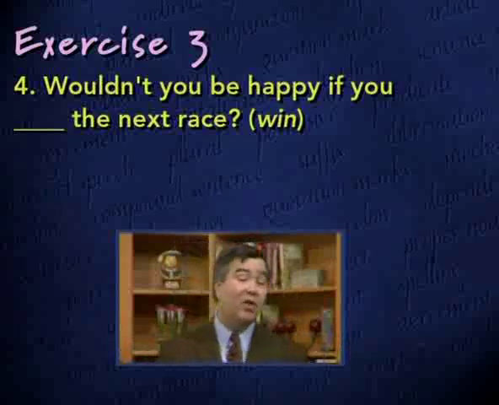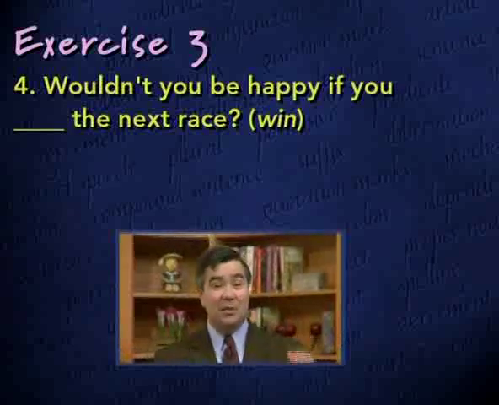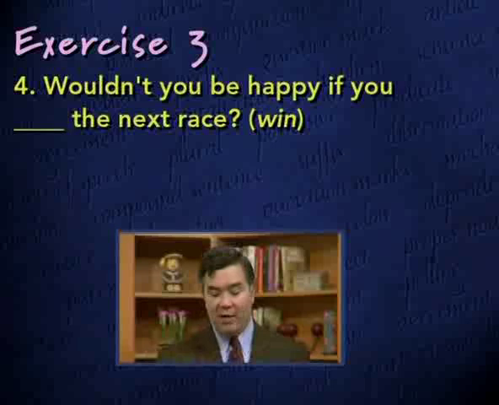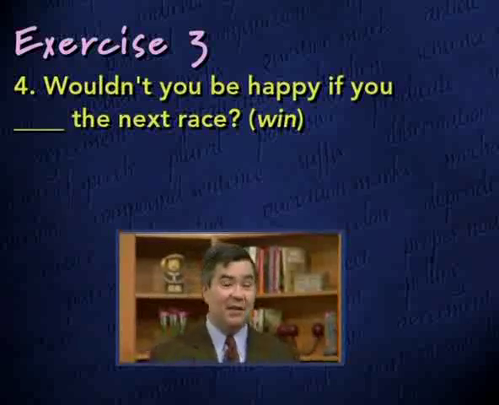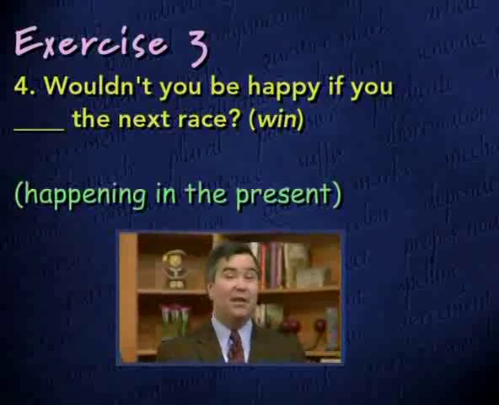So we have an unreal or doubtful condition being described, and therefore we want the subjunctive mood verb to be inserted, the subjunctive form of the verb win. Now, are we talking about a present or past event taking place here? Well, we're talking about now. We're saying you would be happy if you win the next race.